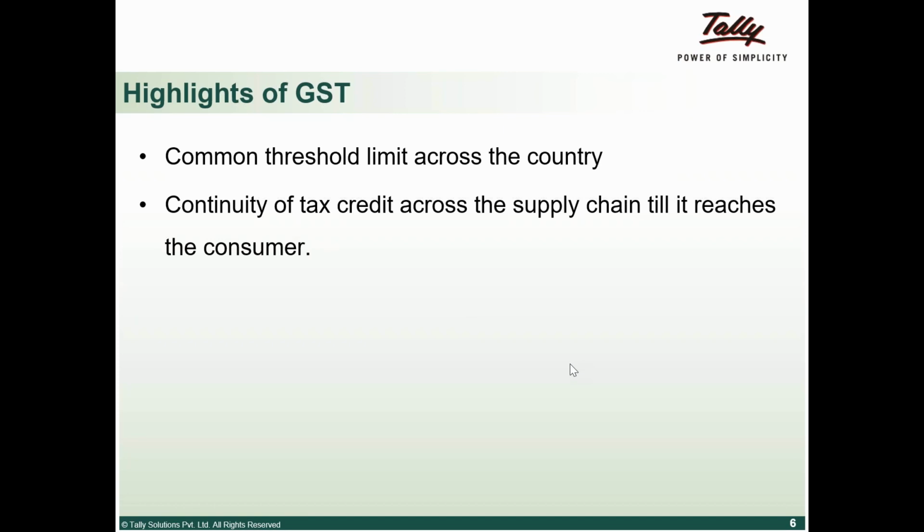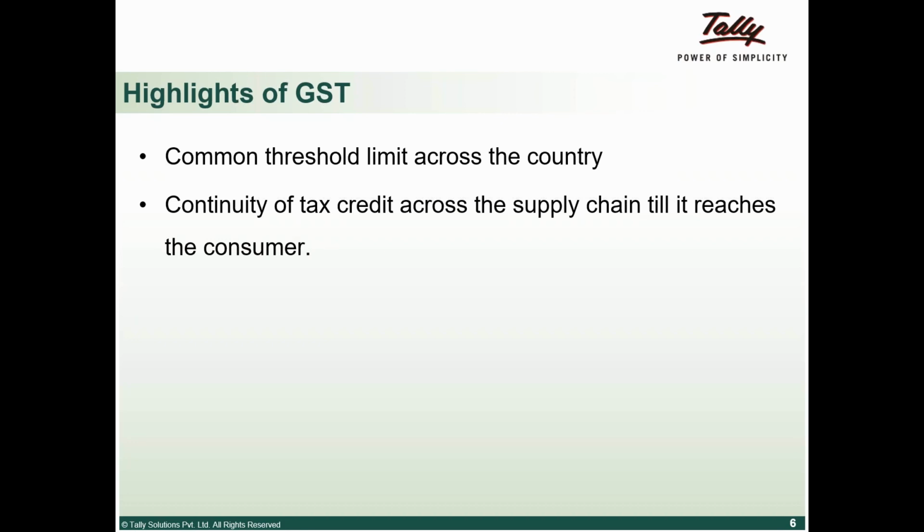So under GST, what is going to happen? The earlier example I took was a manufacturer charging excise duty, and the dealer, since he is not covered under excise, cannot claim input tax credit. But under GST, irrespective of whether you are a manufacturer or a trader or a supplier of services, it really doesn't matter.